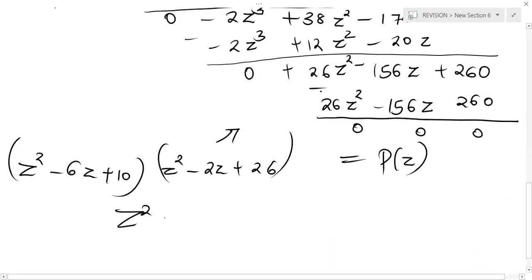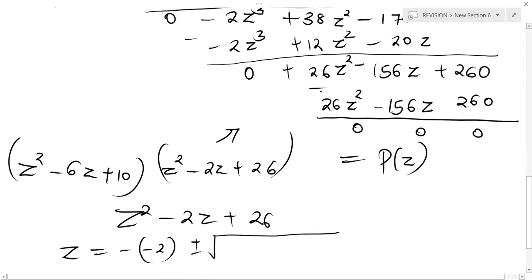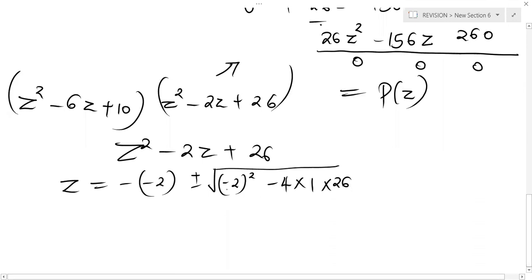So this is z squared minus 2z plus 26. We're going to solve it using the quadratic formula. We are looking for z, so we'll have minus minus 2 plus or minus the square root of minus 2 squared minus 4 times 1 times 26, all this divided by 2 times 1.